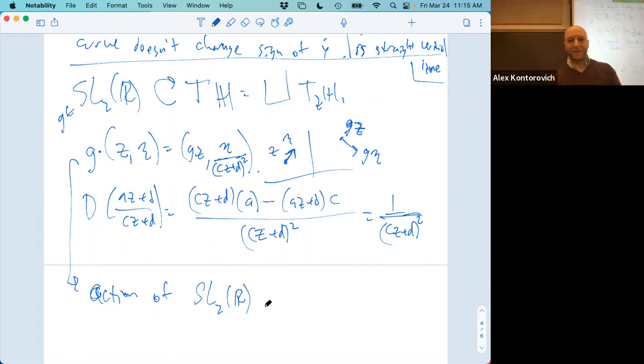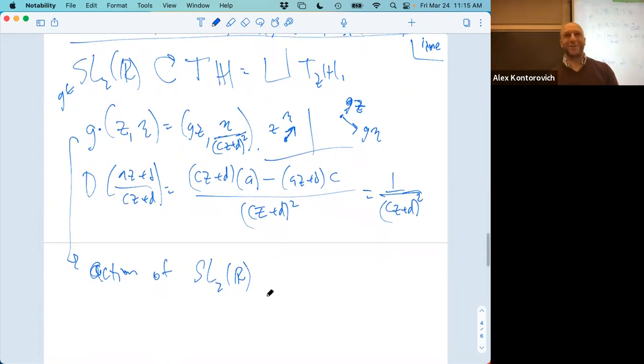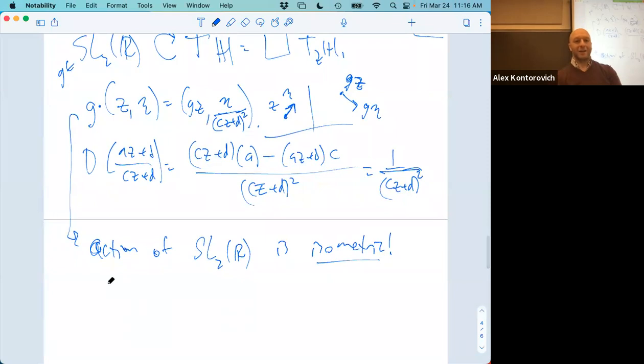If you think about it for a minute, I promised I would get to the Maass form, so I'm trying to get there. The action of SL2R is isometric. So it doesn't change the distances. Not only does it not change distances, the reason it doesn't change any distances globally is because it doesn't change any distances locally.